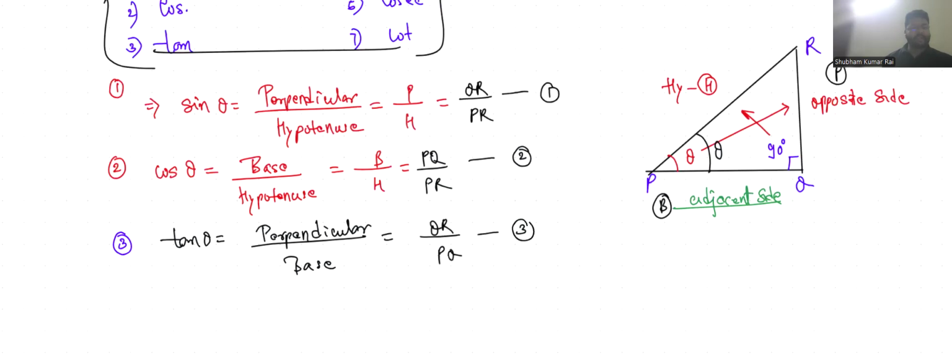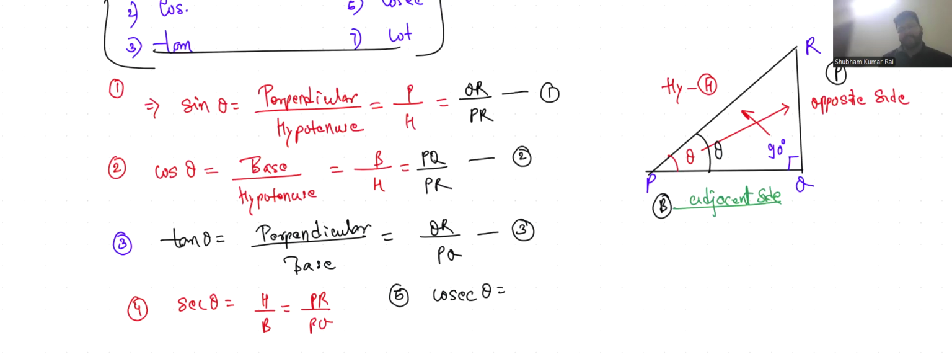Further, the fourth trigonometric ratio is sec theta. It is the reverse, or inverse, of cos theta. That will be hypotenuse upon base, so PR upon PQ. The fifth ratio is cosec, the inverse of sine.